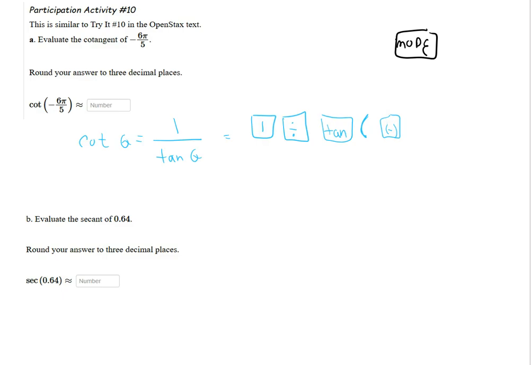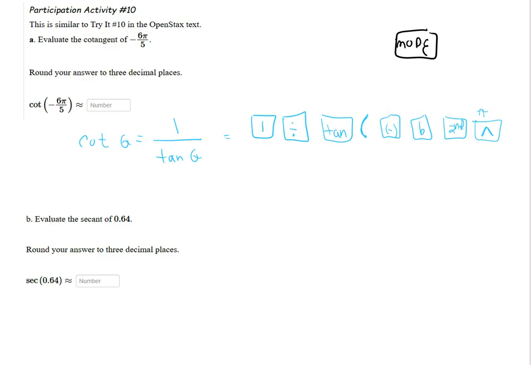And then I have 6 pi. So I hit the number 6, and then my pi button, which is a second function. So I have to hit my second button, and then this one, because above it in blue is a pi.